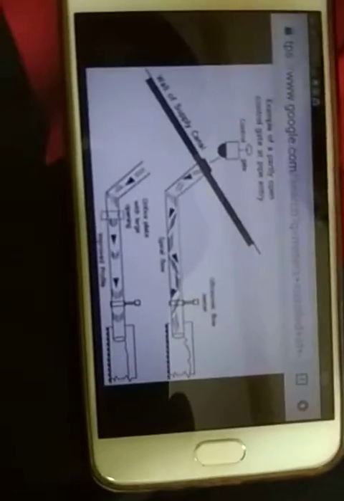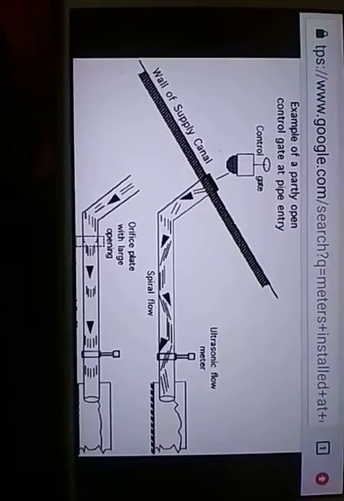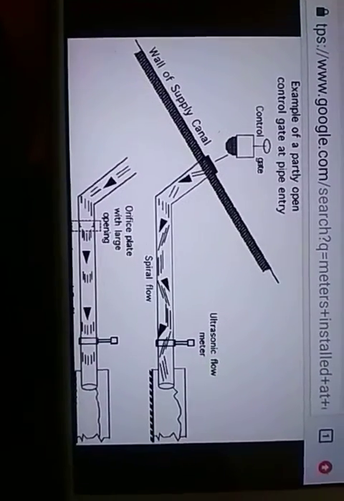Are you able to see the picture? I think now you are able to see the picture clearly.